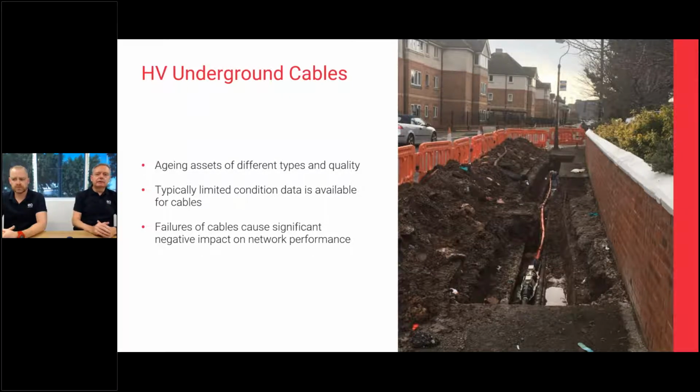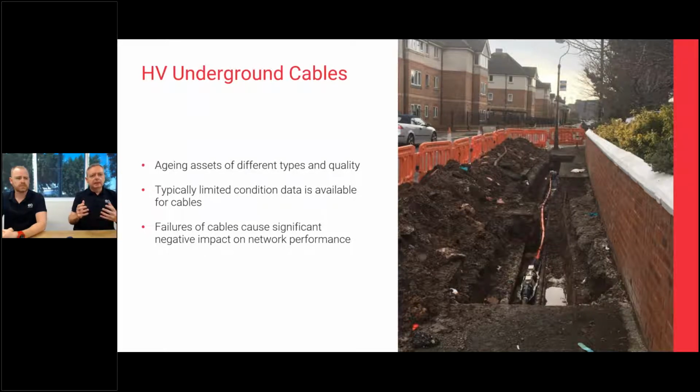What we do know from statistics in different parts of the world is that cable failures have a significant impact on the overall network performance. The failures will cause a significant proportion of your customer minutes lost, your SAIDIs and your SAIFIs.